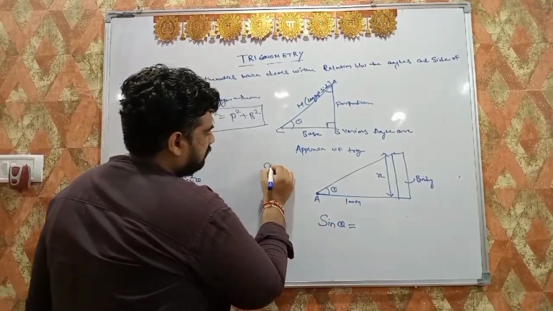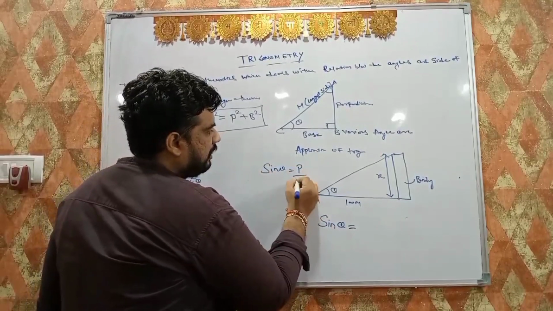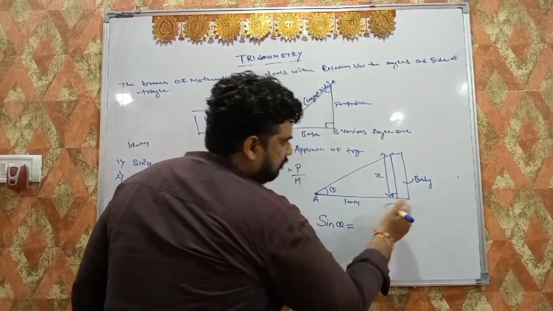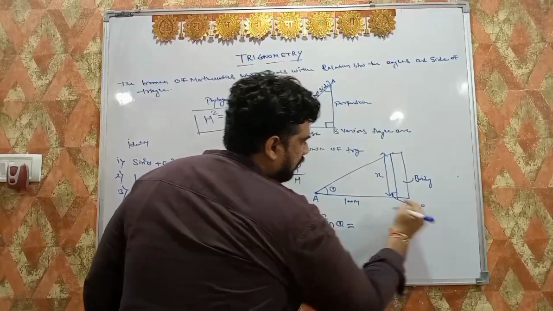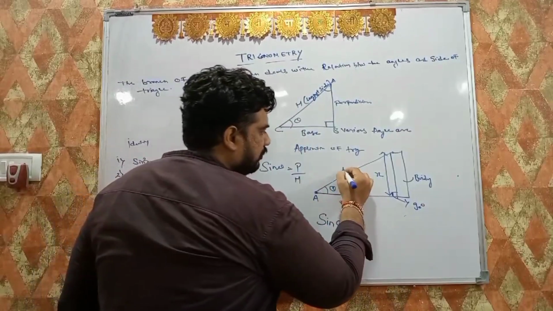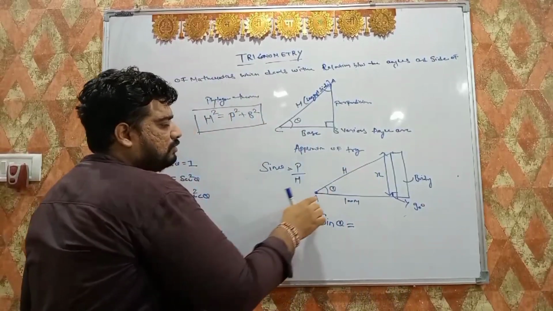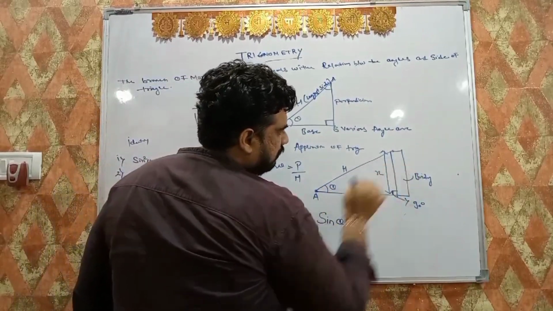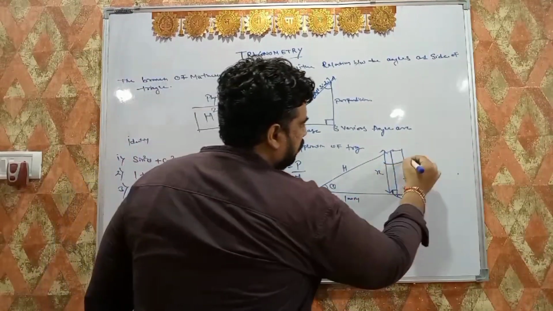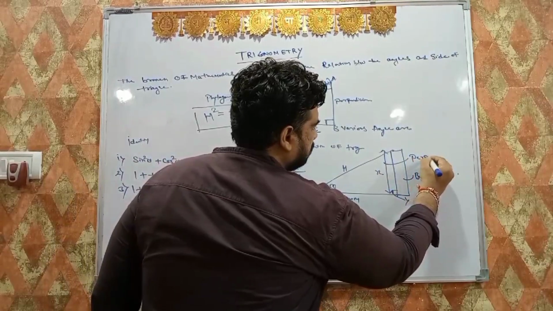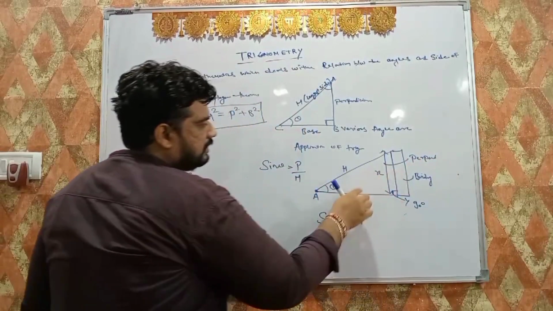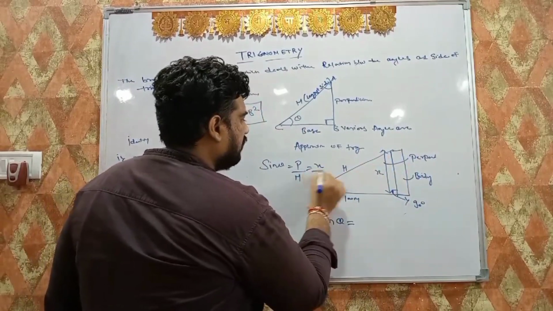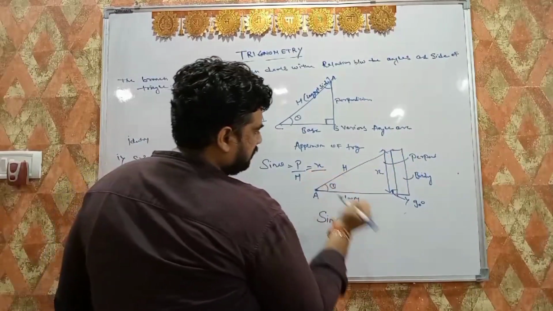Sin theta is perpendicular by hypotenuse, and we know that the angle with the ground is 90 degrees. So the side opposite this angle is the hypotenuse, and the side opposite theta is the perpendicular. So we consider this distance x as the perpendicular and the hypotenuse.